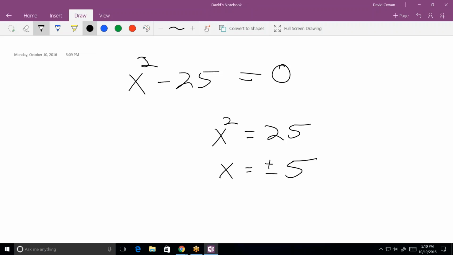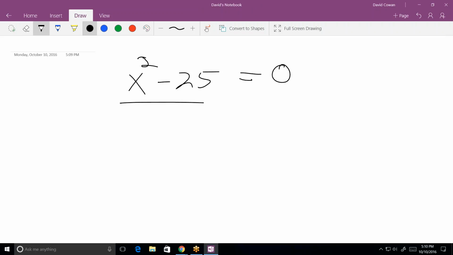Now, let's say you had a lot of difficulty remembering that, and you're always leaving it off. Well, there's another way to do this problem where you'll never get it wrong. That's the difference of perfect squares. How does it factor?